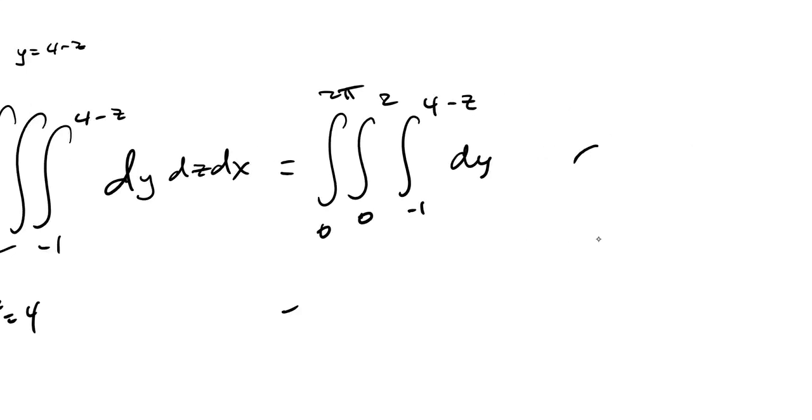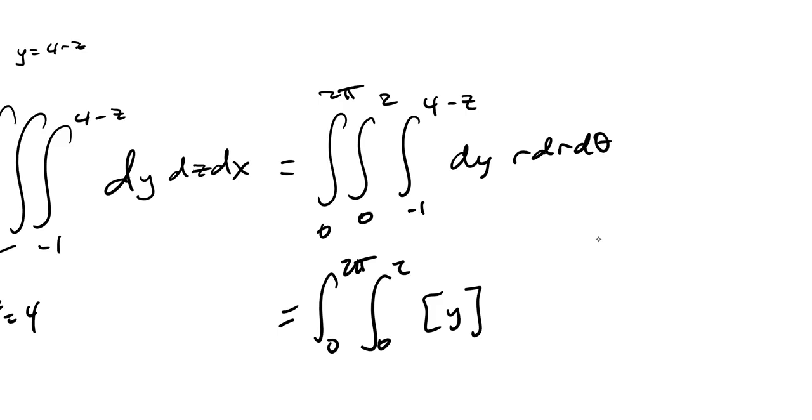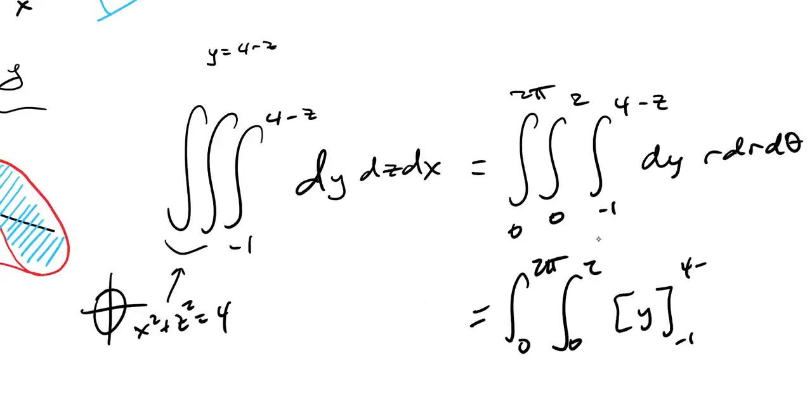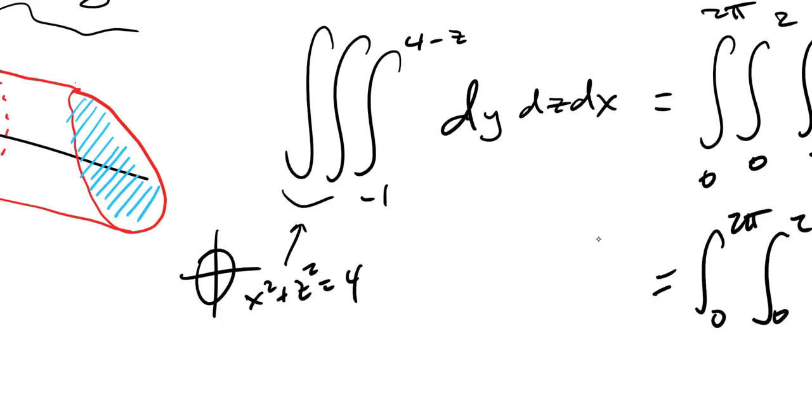Oops, not dz dx, it's r dr d theta. So there's no theta involved in this. Well, I'll just leave it 0 to 2 pi, 0 to 2. And now dy will be, y from -1 to 4 minus z. Now, z in this case functions as the y would here.